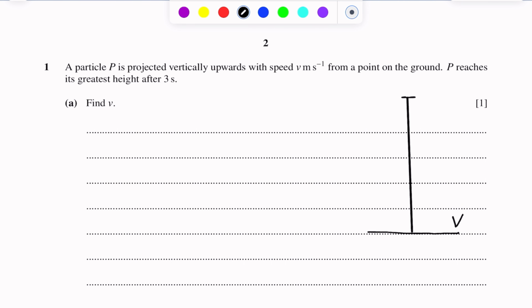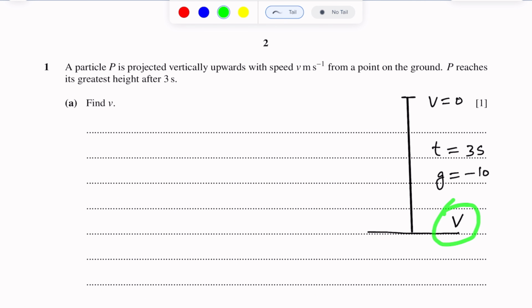Speed is 0 at the highest point. Acceleration due to gravity is negative 10 meter per second square. And time is given, that is 3 seconds. We have to find the initial speed with which the particle is projected.